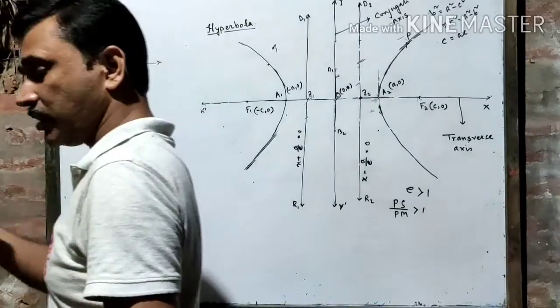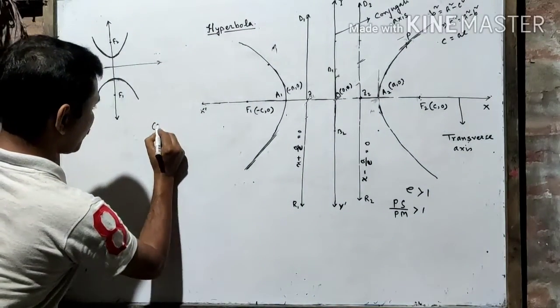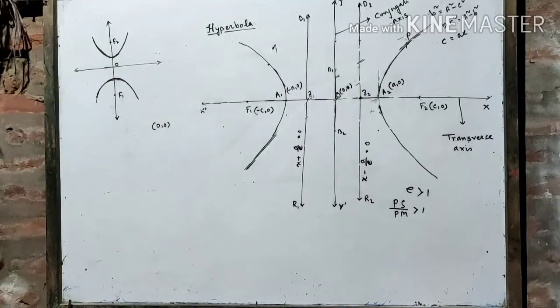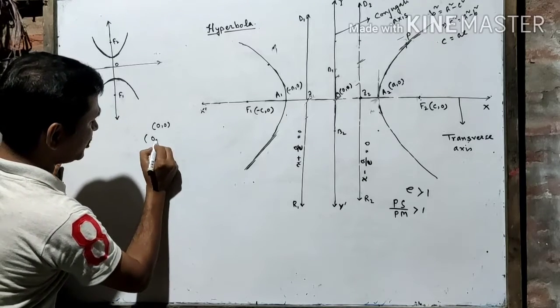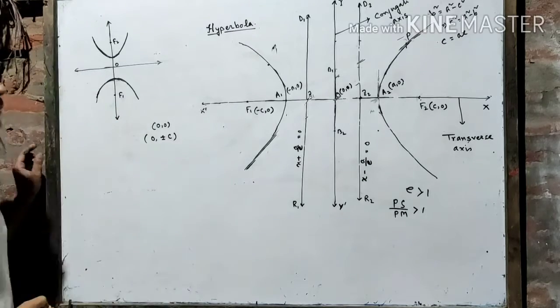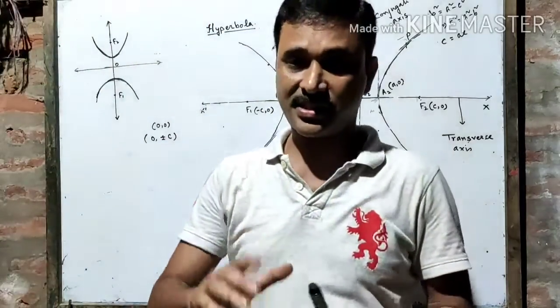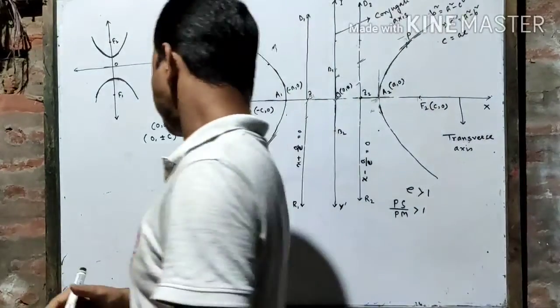So what will be the coordinates of the center? Coordinates of the center will be 0, 0. Coordinates of the foci will be 0, plus minus c. Instead of plus minus c, 0, it will be 0, plus minus c, since here the foci have shifted to the y-axis.